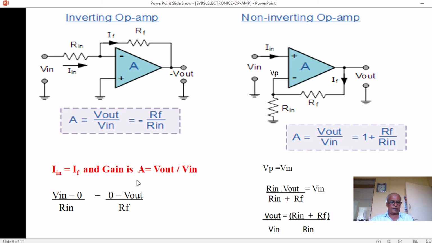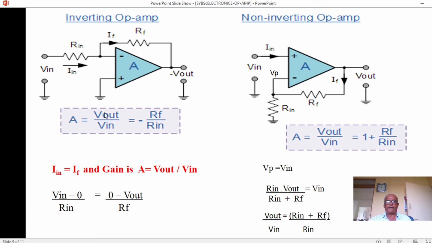And we know that the gain is defined as output upon input. So we can write V in, the voltage at one terminal of the Rin resistance, the left side voltage of Rin is V in, minus the right side voltage. Right side voltage is 0. So divided by the value of resistance Rin. This is simply Ohm's law.